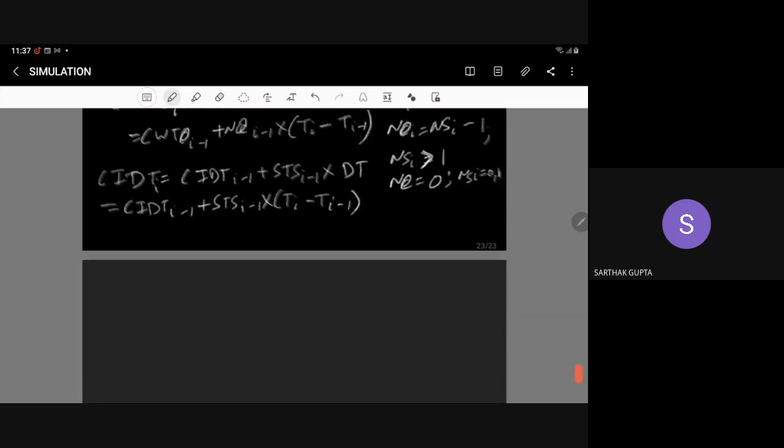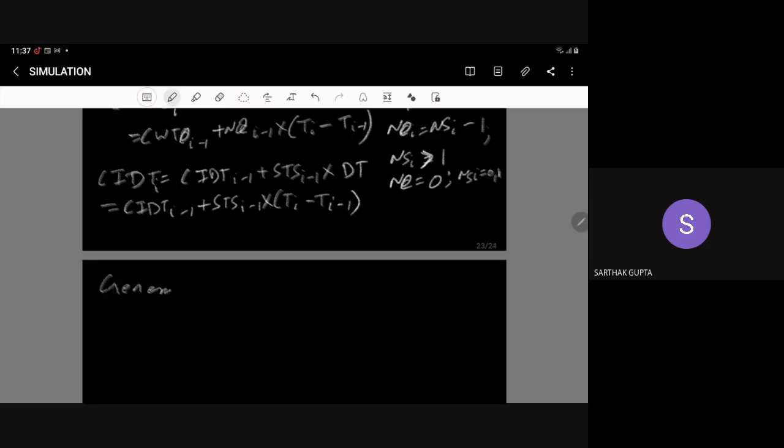Then we have to generate the arrival: you have to consider the random variable for the arrival, generate the inter-arrival time, and then compute the NAT.